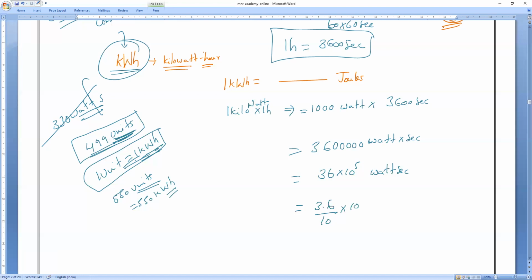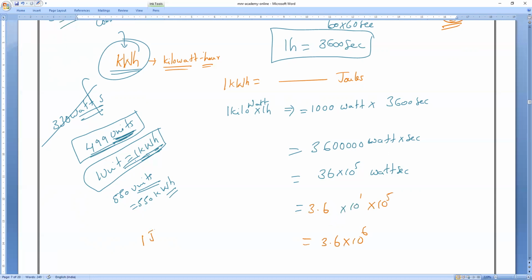Observe, 3.6 into 10. So the total answer is 3.6 into 10 power 6 watt second.